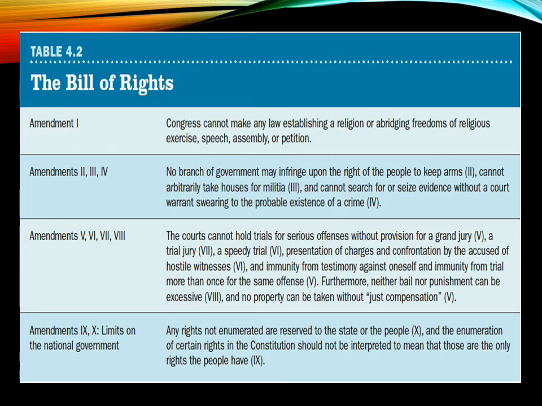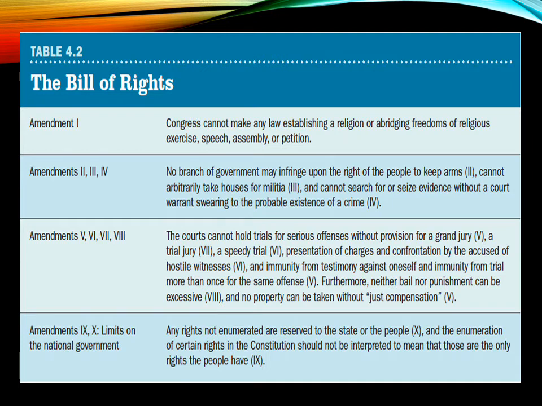Okay, so it's the quartering amendment. And the fourth one is saying that government can't search or seize evidence without a court warrant swearing to the probable existence of a crime. And so the second and third and fourth are interesting because it's not just telling something to Congress, but it's also telling the executive branch that they can't do that either.